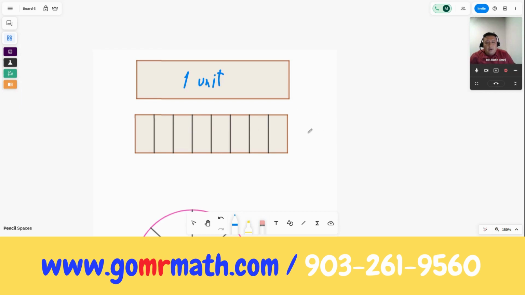That means that the denominator of this unit will be 8. How many do we want to take? Let's suppose we take 2. So this fraction will be 2/8 because we took a unit, we divided it into 8 pieces, and we took 2 of them.